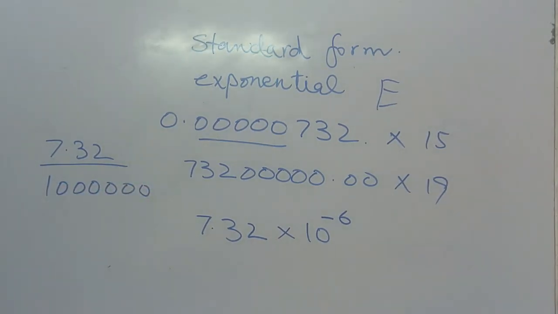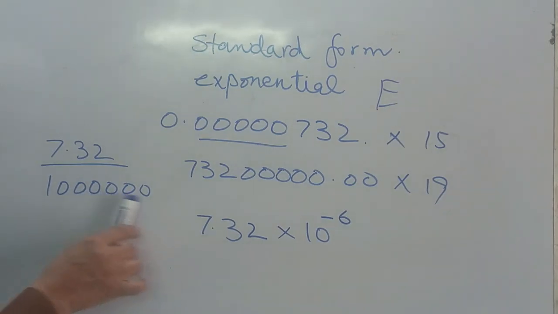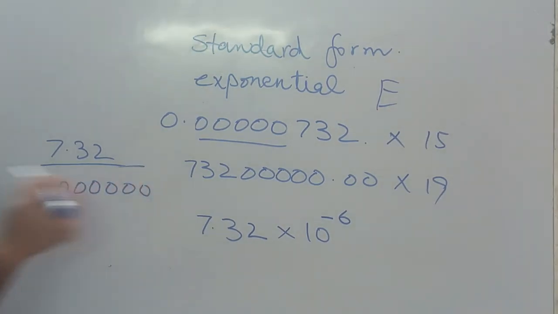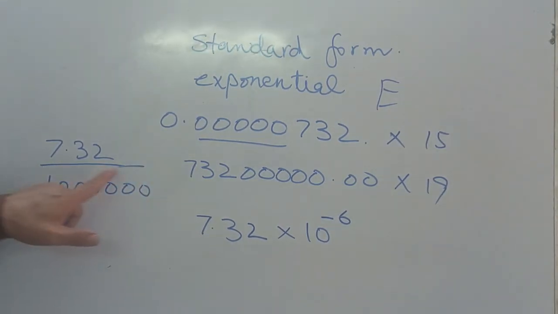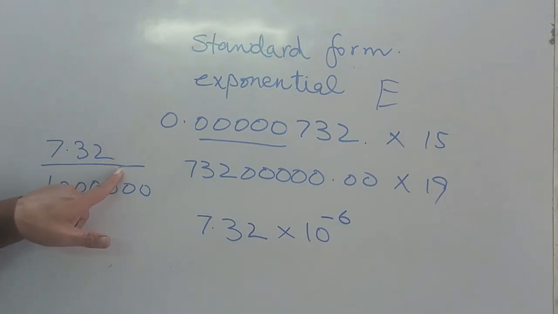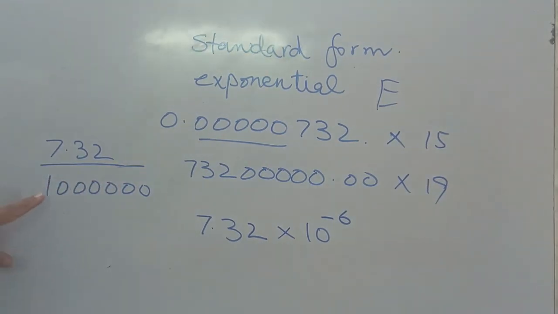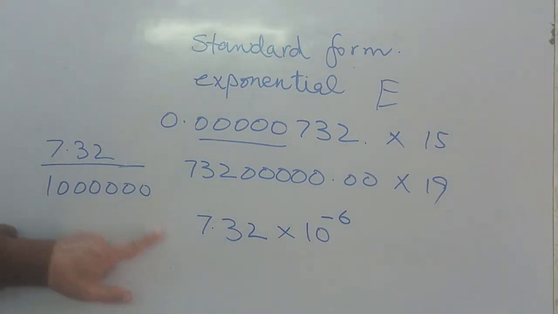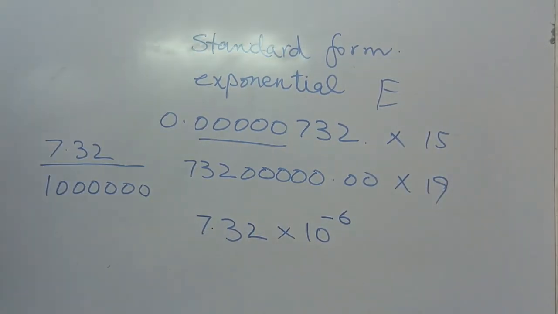So this is 7.32 divided by 1,000,000. Always complete the line.